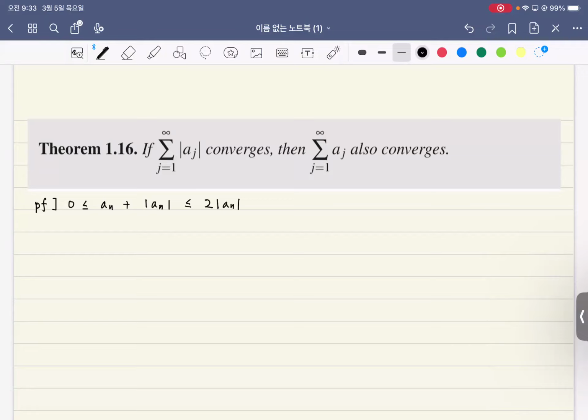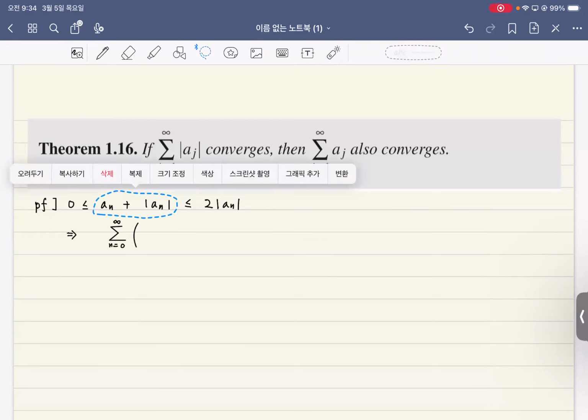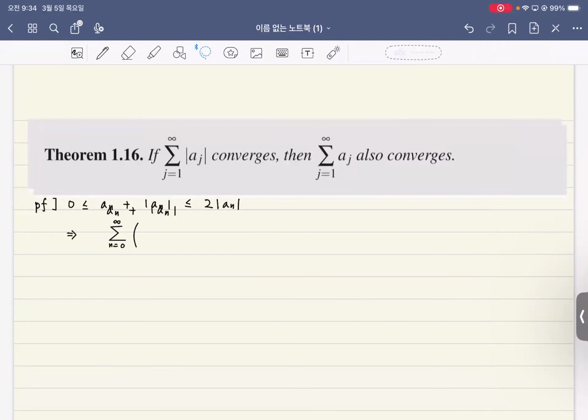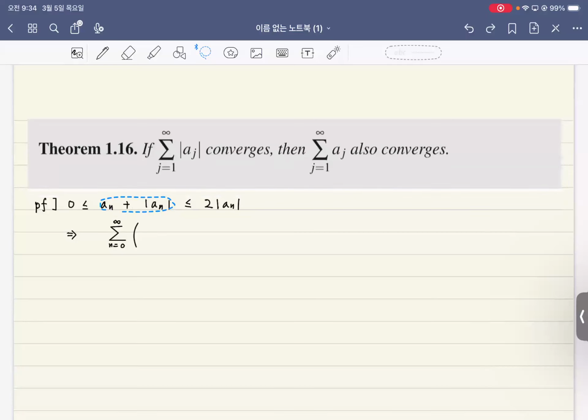Therefore, now let us consider this series, which is a series of non-negative terms.